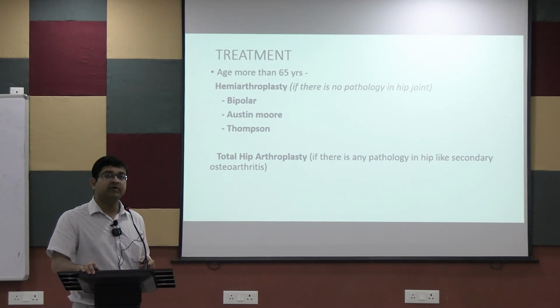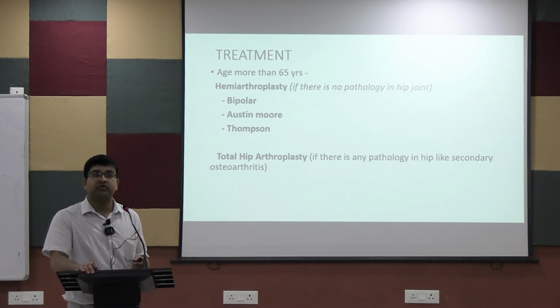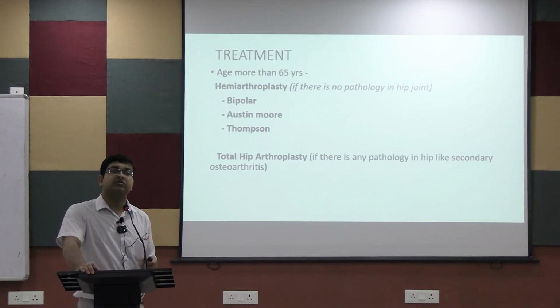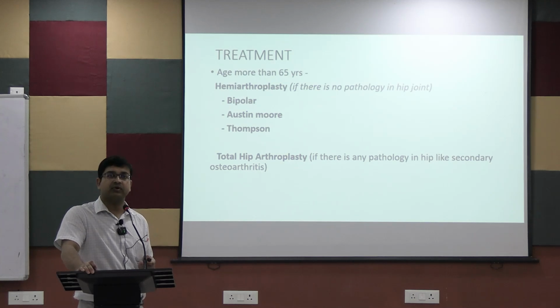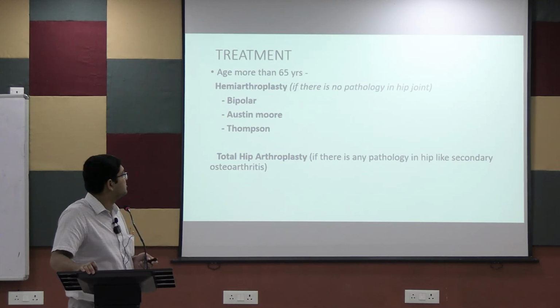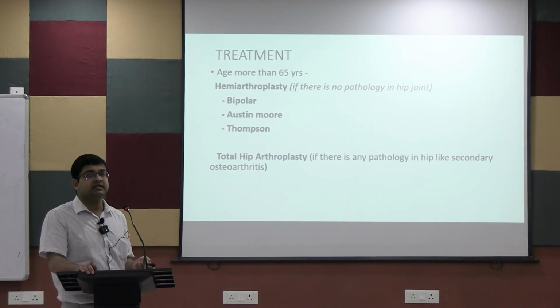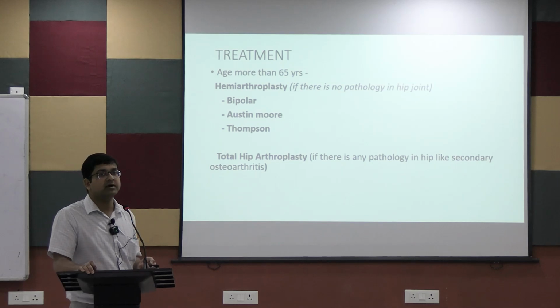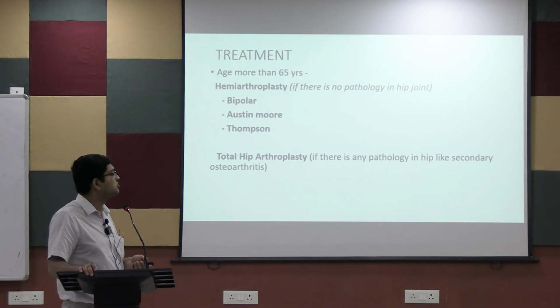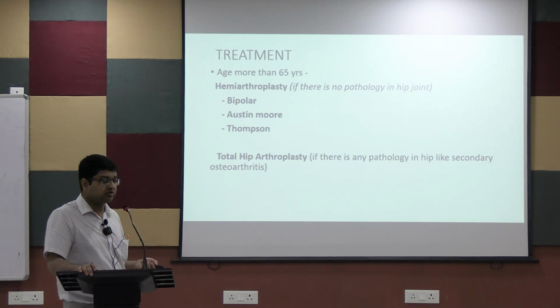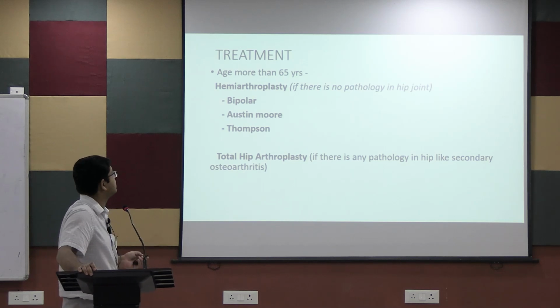In case of neck of femur fracture with post-traumatic secondary osteoarthritis, so what will you do? You have to do THR, total hip replacement, or total hip arthroplasty, if the joint congruity is lost, like in post-traumatic secondary osteoarthritis.